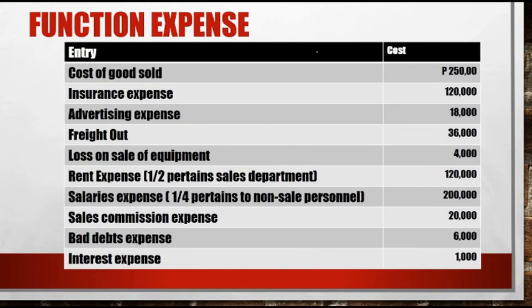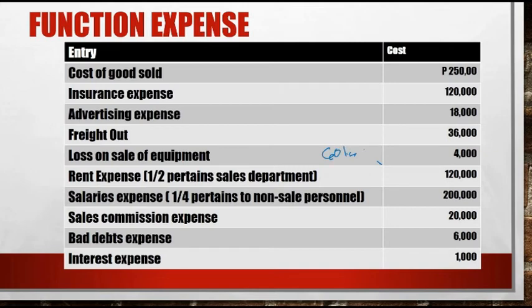So, kapag function of expense, ito yung example. We have cost of goods sold, insurance expense, advertising expense, freight out, loss on sale of equipment. We have rent expense. 1/2 pertains to the sales department. Ibig sabihin, 60,000, mahati na agad yan.